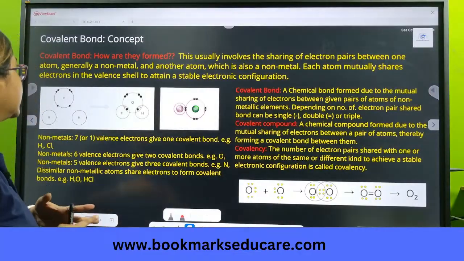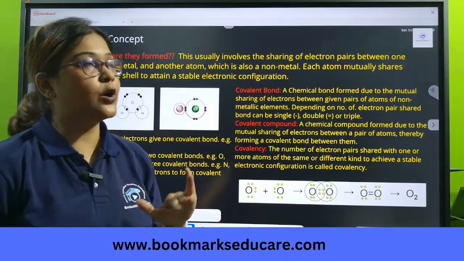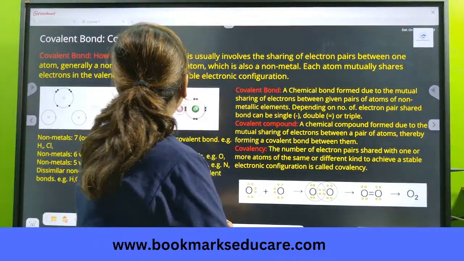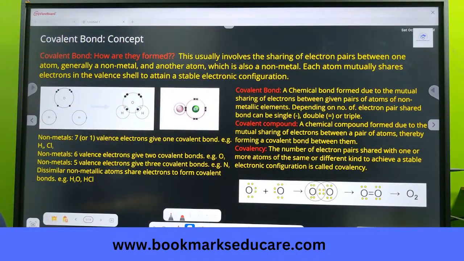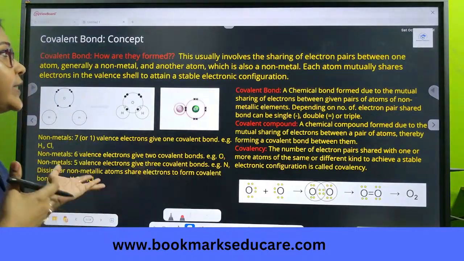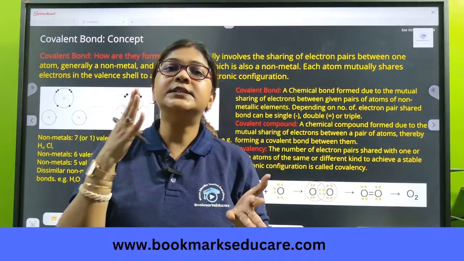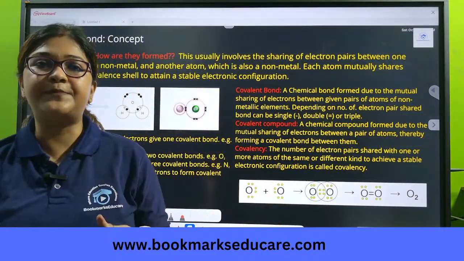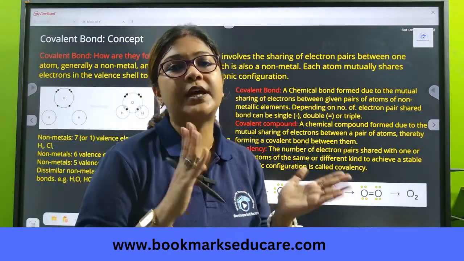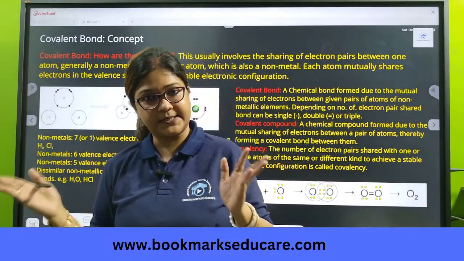Now moving over to the next slide, the concept of covalent bond. Now we have covered electrovalent bond, we have come over to the next part, which is covalent bond. Now what are covalent bonds? Now, how are they formed? As electrovalent bond is formed by the transfer of electrons that happens between metals and non-metals, covalent compounds are usually formed between non-metals and non-metals, right?